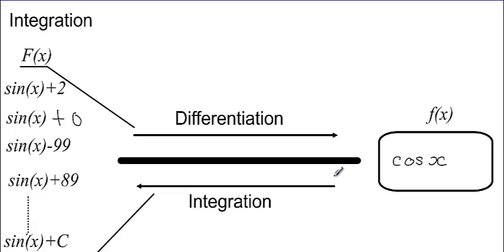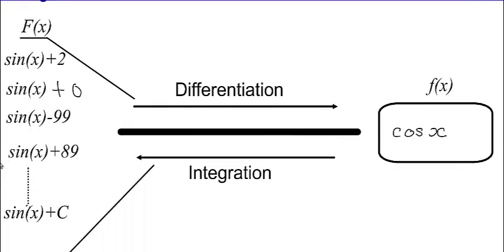Isn't that beautiful? It is beautiful. And maybe you can say, if differentiation was a surname, we'll say the surname of these guys is cos x. They're in the same family, isn't it? Okay. I hope next time you don't find a different surname for a member of a family.